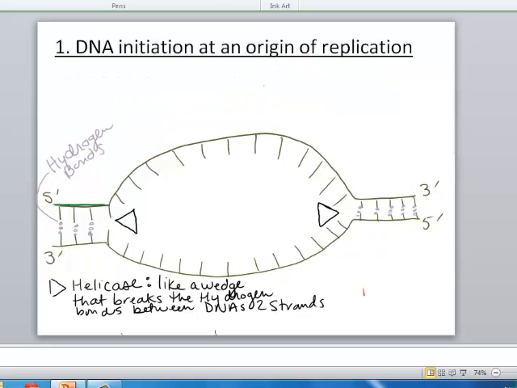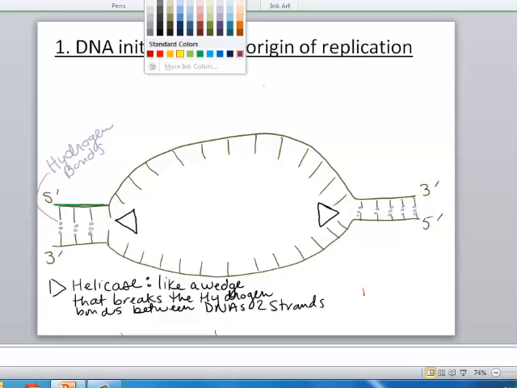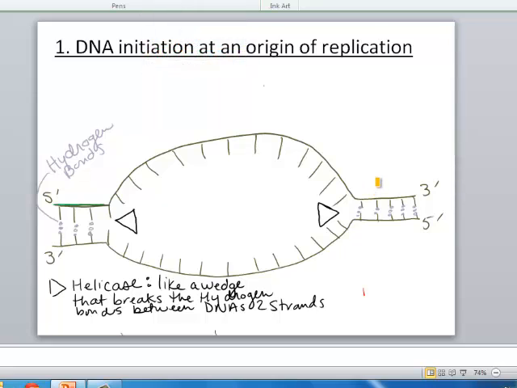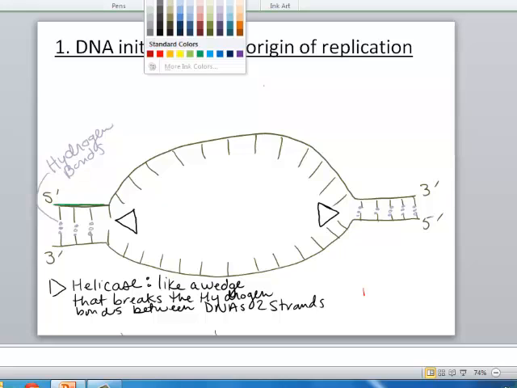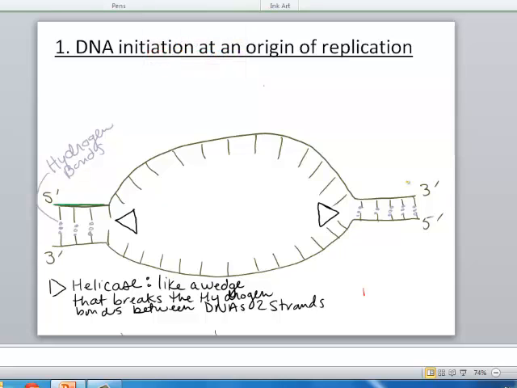So back to the fundamentals, let's add in the other key players in initiation of DNA replication. We need to have some orange in here, because I want a pen, not a highlighter, and I want orange. So let's draw our topoisomerase.